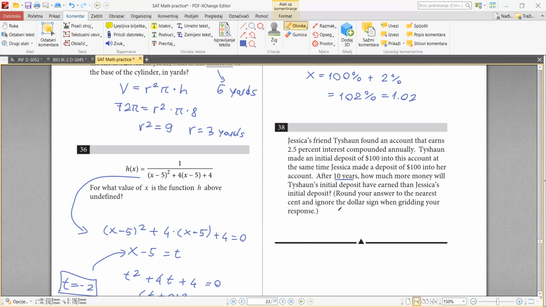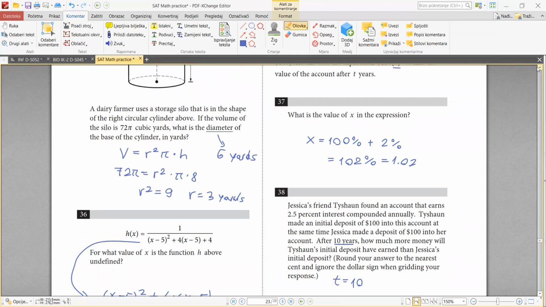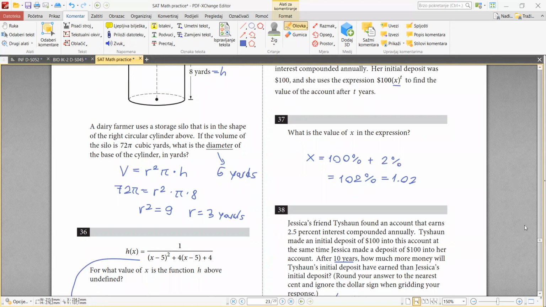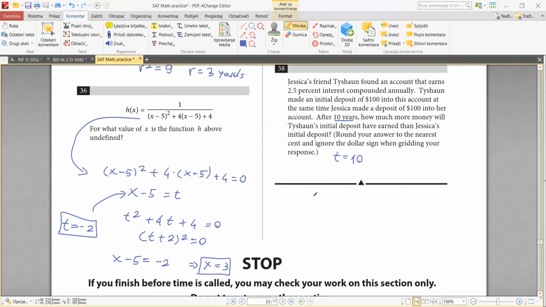So after 10 years, this means that t will be 10 for both of them. So Jessica's expression works out like this: 100 times 1.02 to the power of 10.